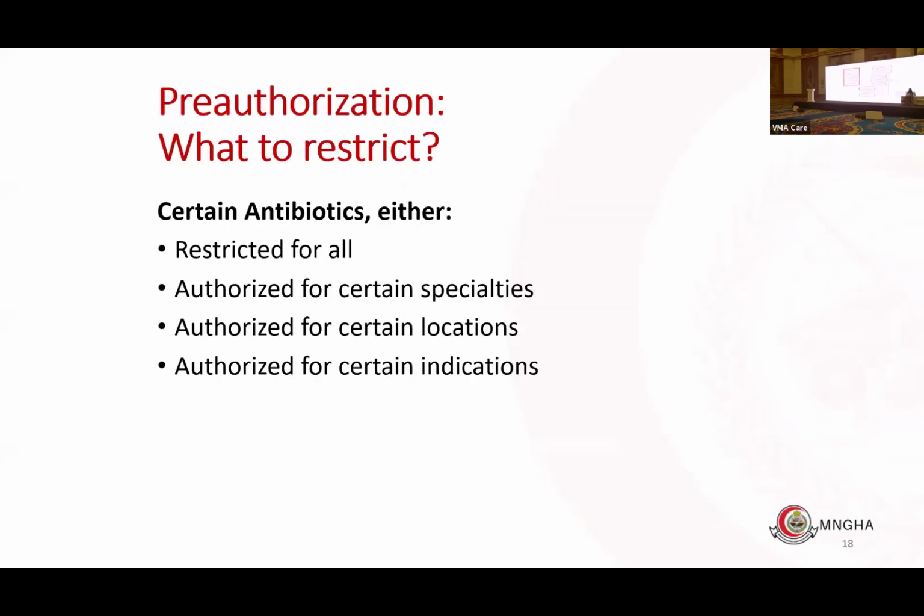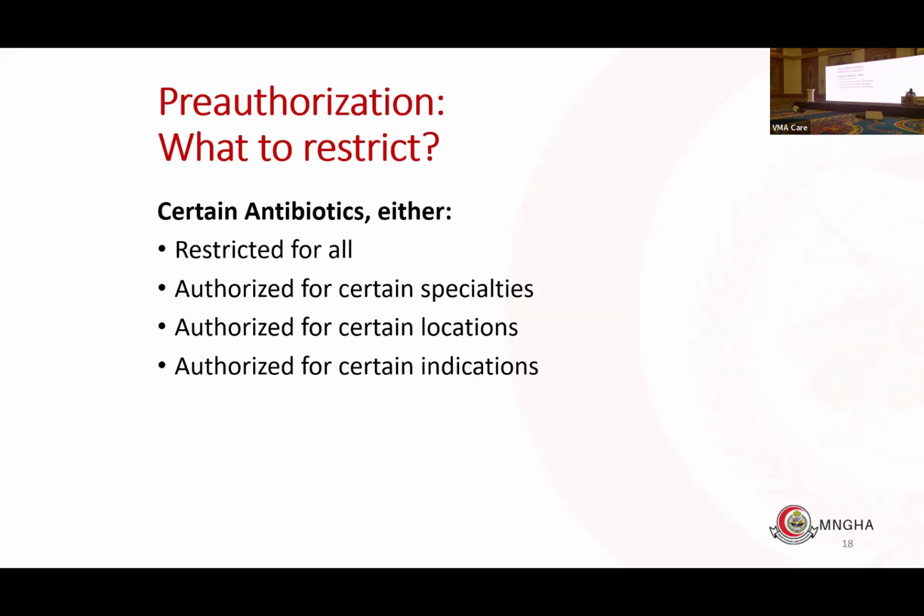Right. Let's continue. So certain antibiotic either restricted to all, and I want to restrict meropenem to all. I want to restrict, for example, tazocin to all, or authorize for certain specialties. No, meropenem can be written by ICU, or hemato-onc can write meropenem.